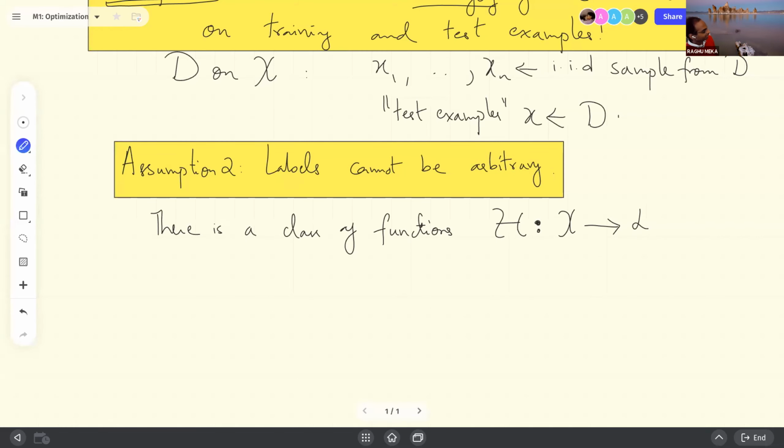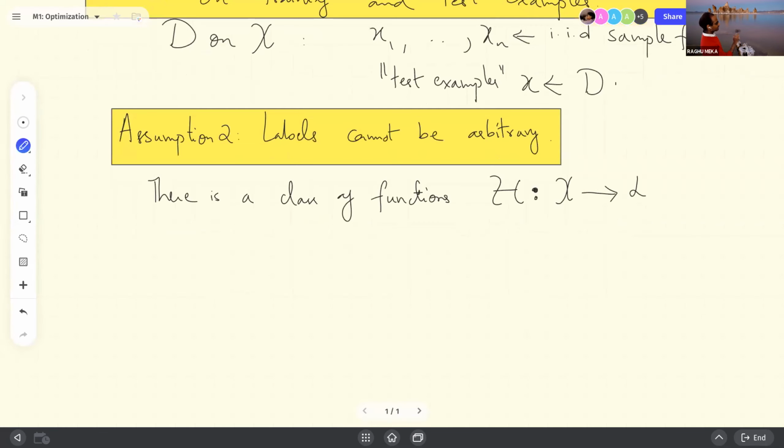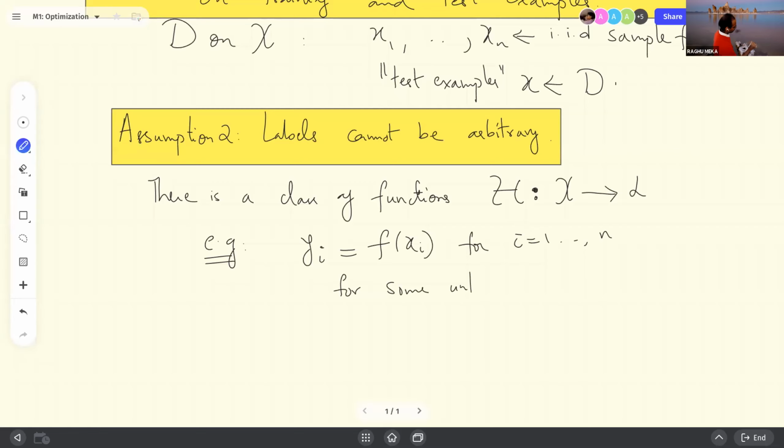And one simplifying assumption is that for each example, you can say the label yi is f of xi, for some unknown f in my hypothesis class.